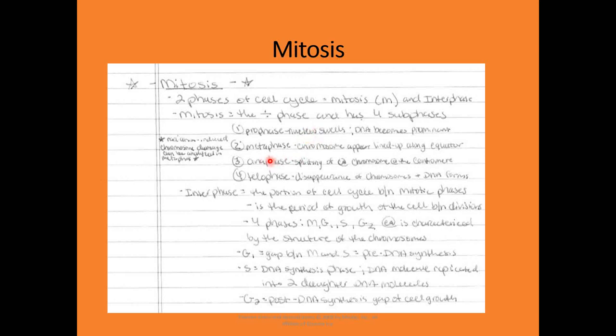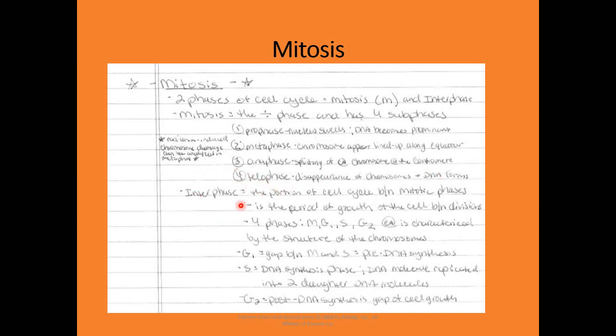During metaphase, the chromosomes begin to appear, and they are lined up along the equator of the cell. Anaphase is the splitting of each chromosome at the centromere. So that's when it splits apart. And then during telophase, those chromosomes now disappear and your DNA forms. So that's kind of the end result, the telophase.